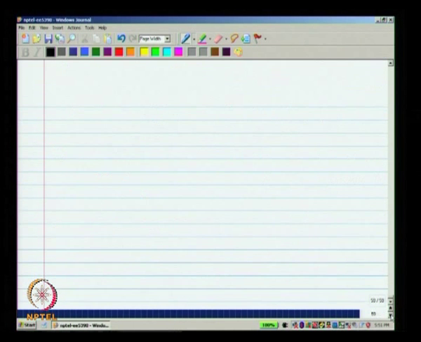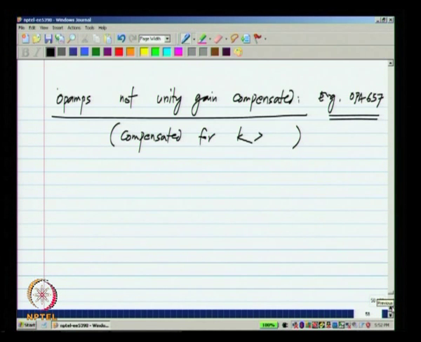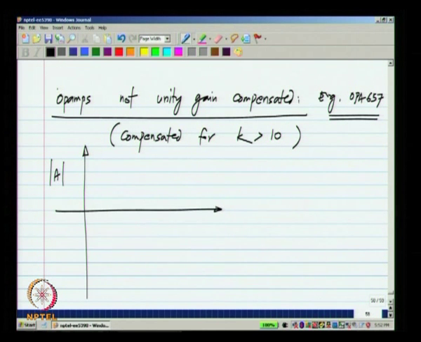Now, what does it mean to have an op amp that is not compensated for unity gain? Let us say it is compensated only for gains k greater than 10. So, that means that the Bode magnitude plot and the phase plot look something like this.